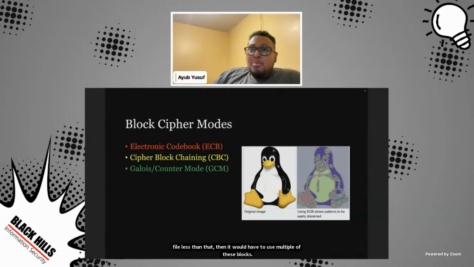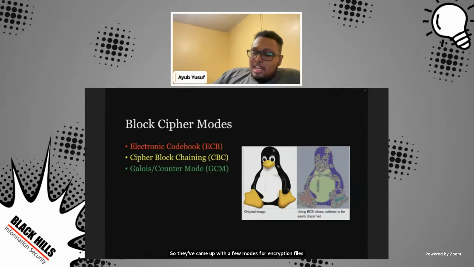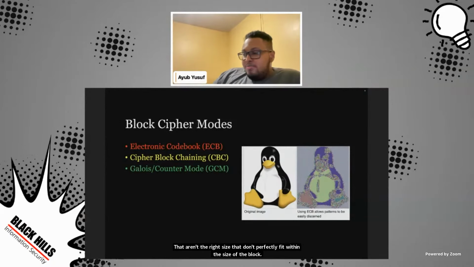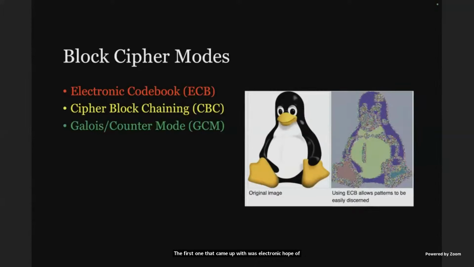So they came up with a few modes for encrypting files that don't perfectly fit within the size of the block. The first one they came up with was electronic codebook mode. The idea behind this is pretty simple: I'm just going to encrypt every block with the same key. And the problem with this is it leaves an imprint of the data.